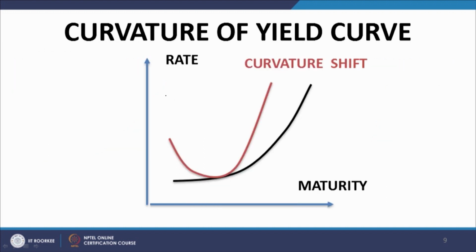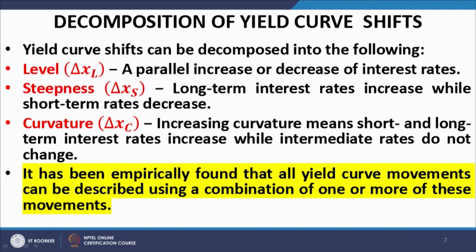Then finally, we have the curvature shift, where the short end as well as the long end interest rates increase, whereas the intermediate interest rates around this portion remain more or less close to what they were in the original yield curve. Okay. So, it is empirically found that all yield curve movements can be described using a combination of one or more of these movements.